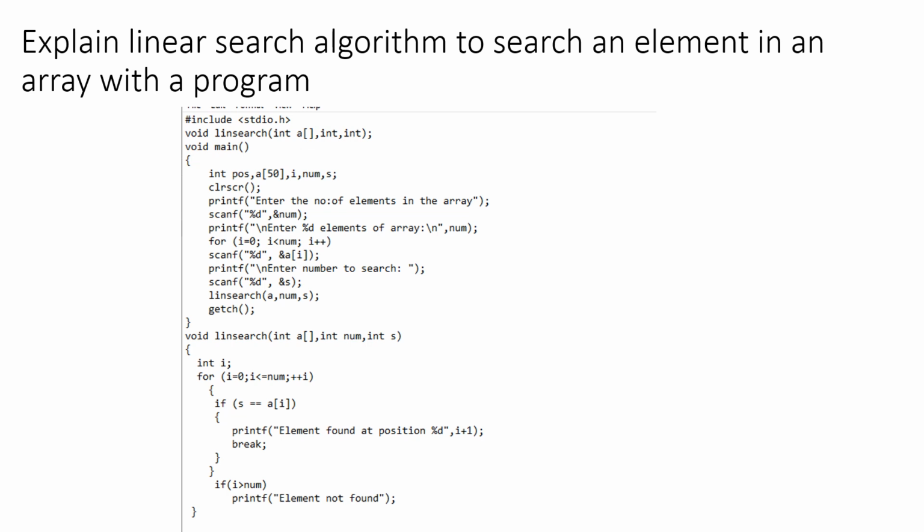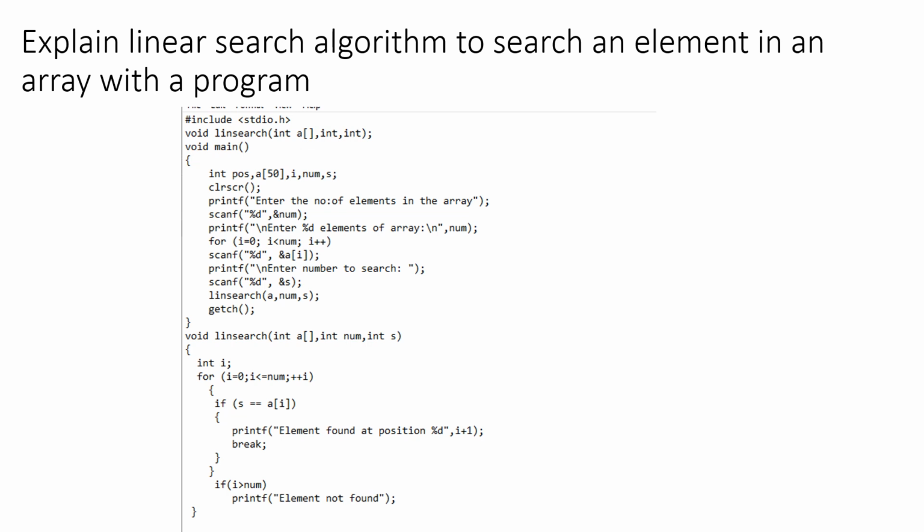In linear search, the search element is compared with each and every element in the array. But when we do the same searching using binary search, the number of comparisons is reduced by comparing the search element only with the middle element.